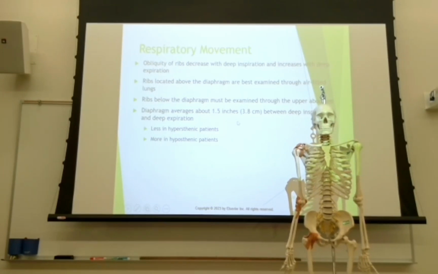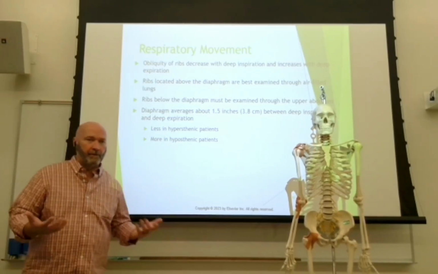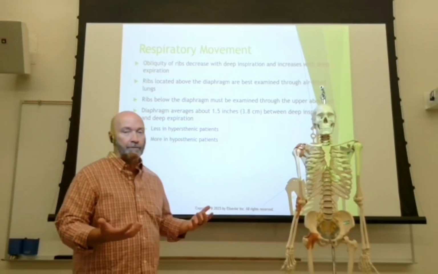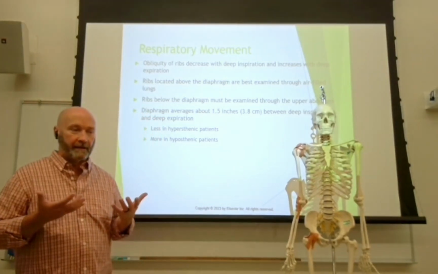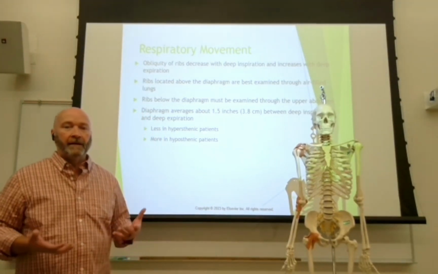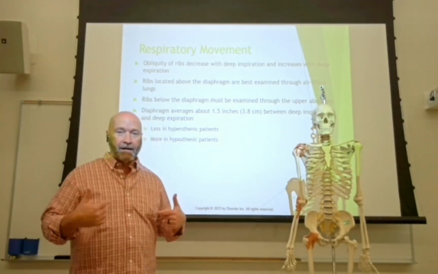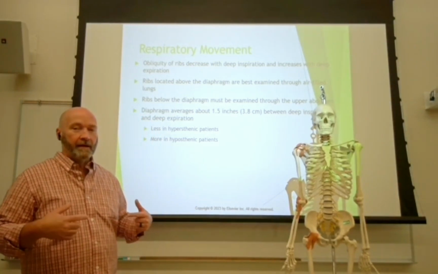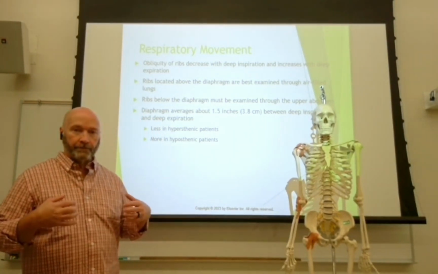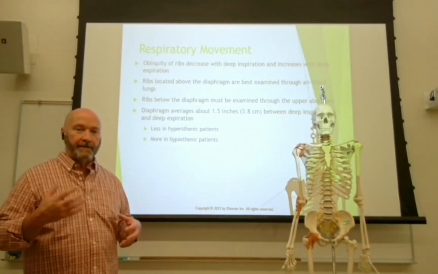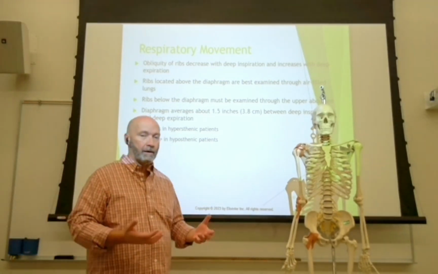All right, so respiratory movement. Whenever we breathe, our lungs will expand in at least 2 dimensions, maybe 3. Whenever you inhale, your diaphragm drops, and that creates a vacuum, and you draw air in. At the same time, your ribs lift and separate just a little bit to exaggerate that, to draw in more air.